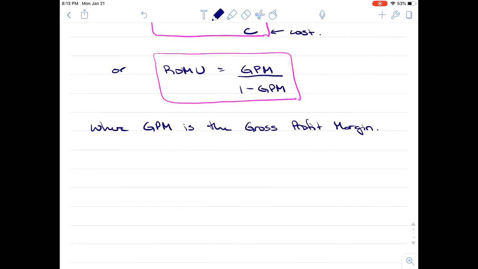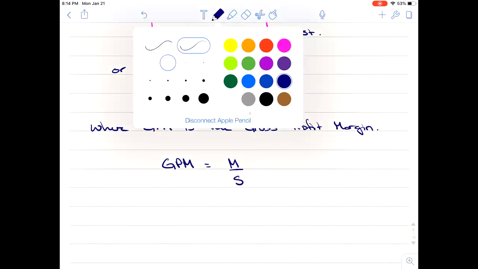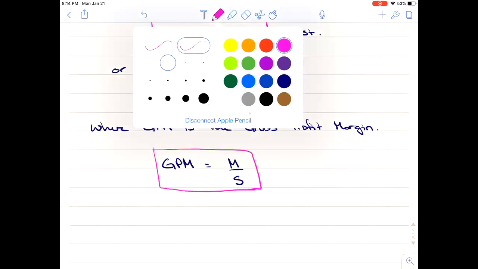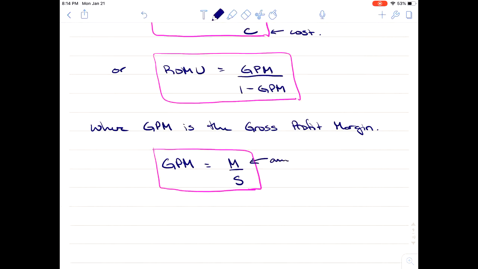Which we can calculate. The gross profit margin also has two formulas on your formula sheet. This stuff takes up a lot of room on here, but we're not going to use it a huge amount. The gross profit margin is M over S, the same sort of setup: the amount of markup over the selling price.